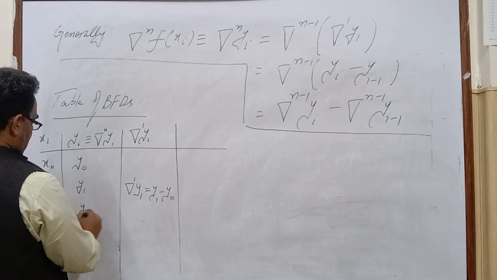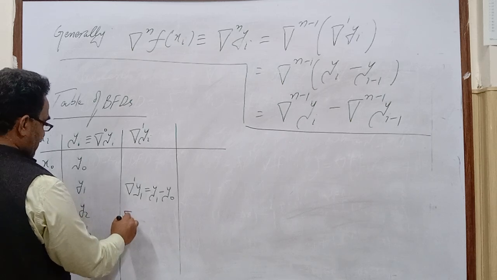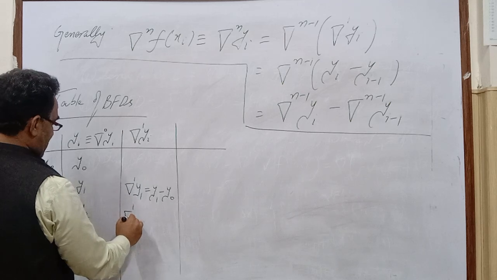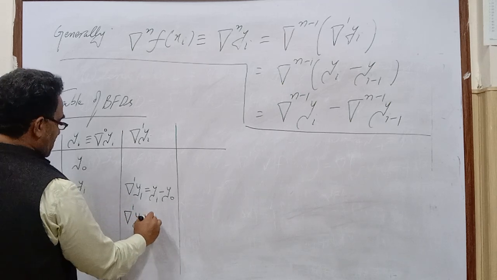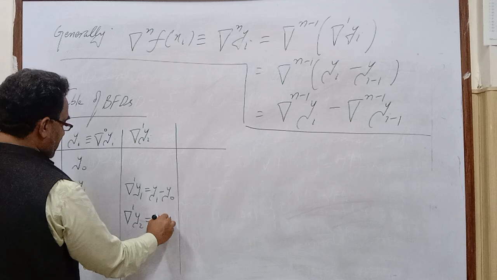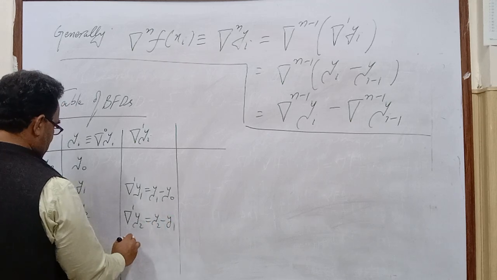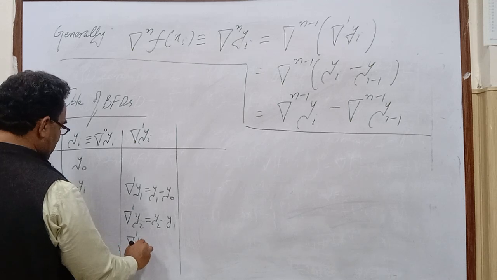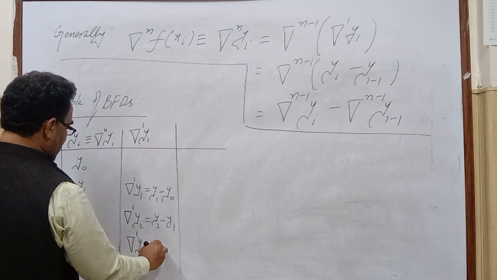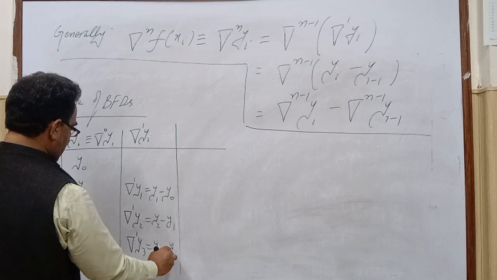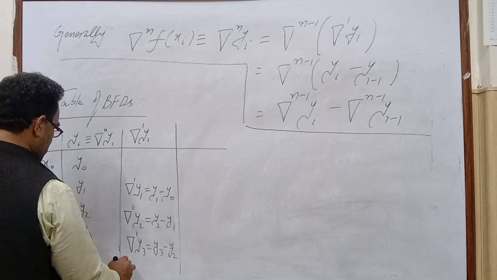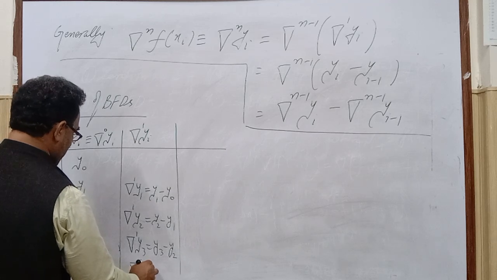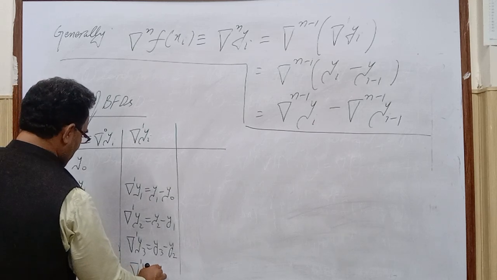And over here in front of y2, the result for first level BFT is written like this: del 1 y2 is equal to y2 minus y1. And just like that, del 1 y3 is written as y3 minus the previous value of y, that is y3 minus y2, and then del 1 y4 is written as y4 minus y3.